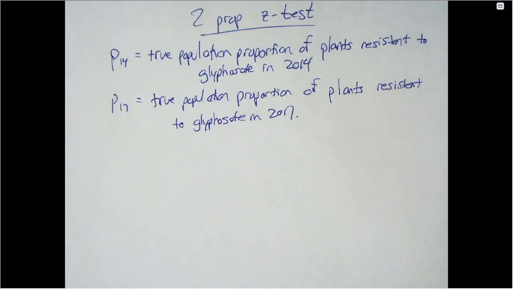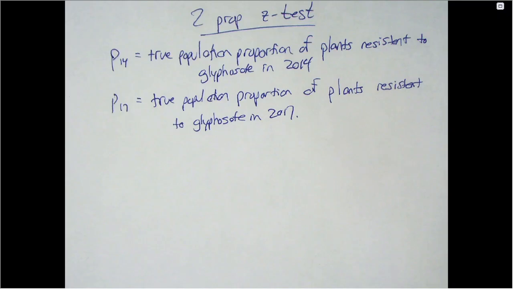So H0 is always that the two things are equal. There are two ways this could be written. We could write H0 as P14 equals P17, or you might see it written as P14 minus P17 equals 0. But those are the same exact statement, right? If the two things are actually equal and you subtract them, what would you get? 0.